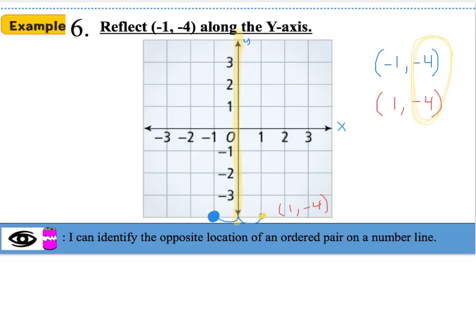If you look at our x-coordinates, the x-coordinates right here are opposites. So the y-coordinates stayed the same, and the x-coordinates are opposites when you reflect on the y-axis.